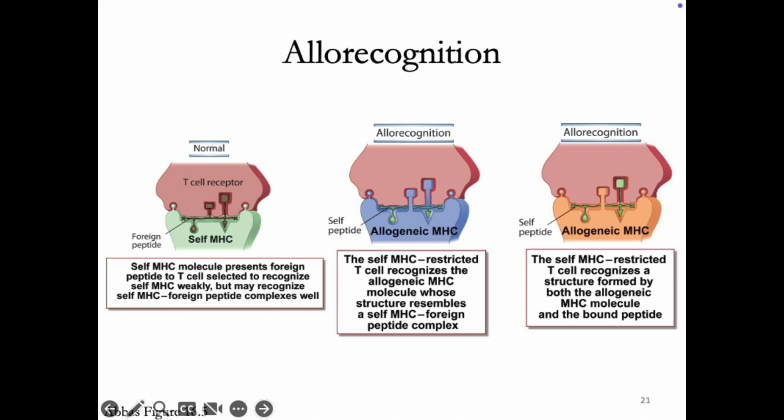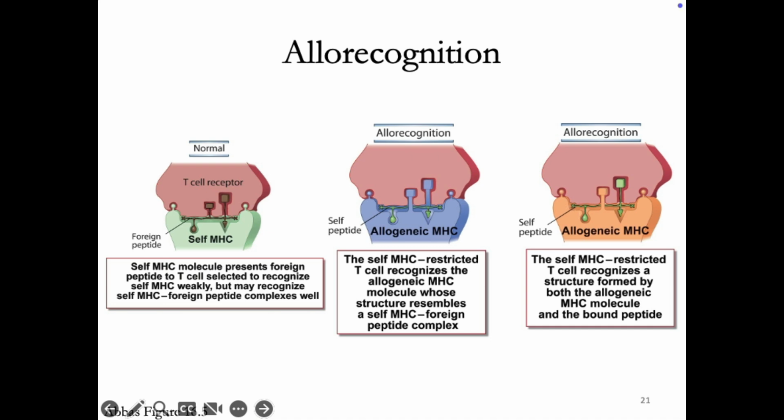And so we can get what's known as allorecognition. And so the issue here is sometimes somebody else's MHC might look a bit like your MHC with foreign peptides on it. And so your T cells are potentially going to get sort of confused.